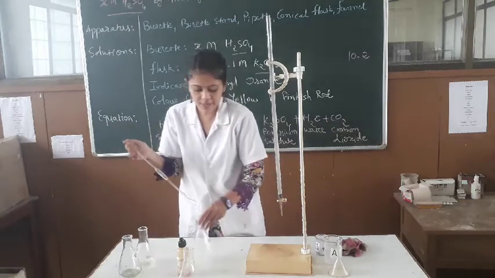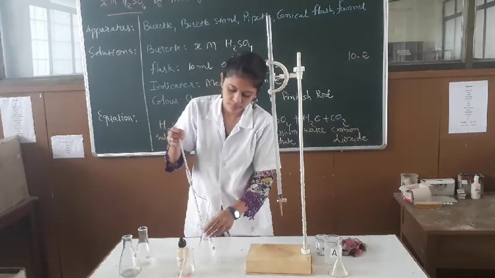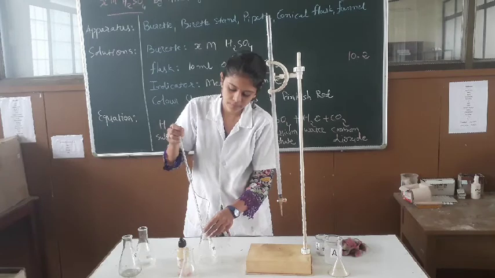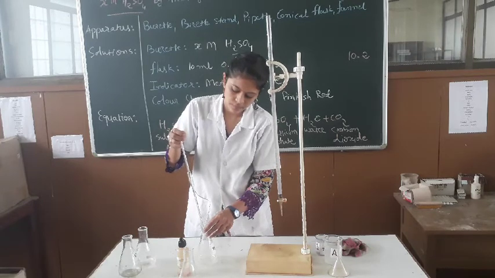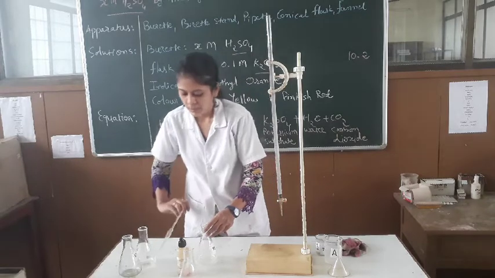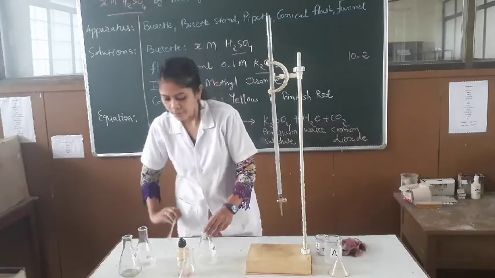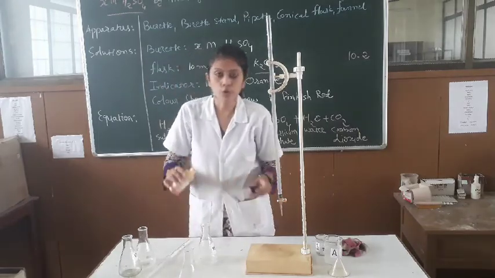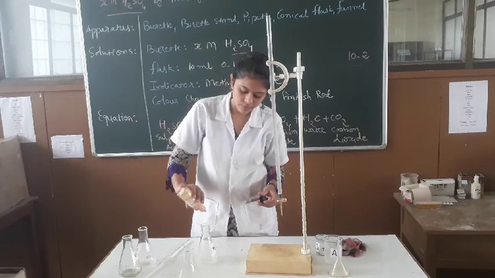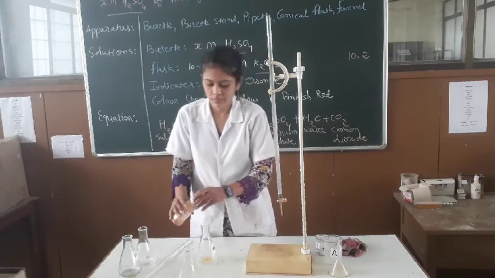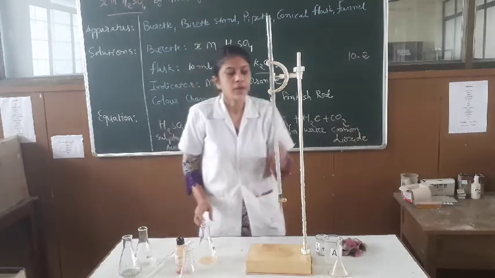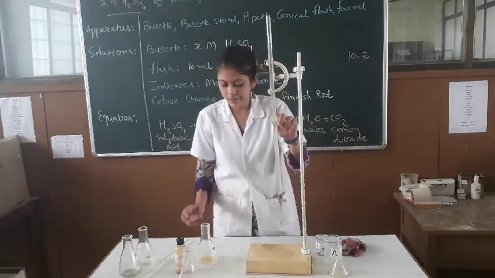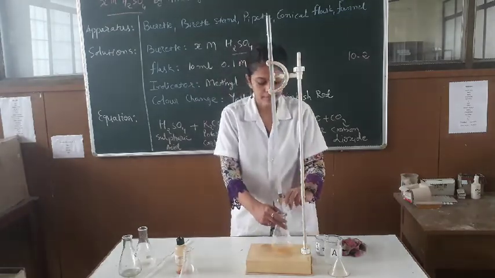Again we have to take potassium carbonate from the pipette. Pour into conical flask. Never add the last drop of the solution. 2 drops of methyl orange. I set 0 already. Now let's titrate.